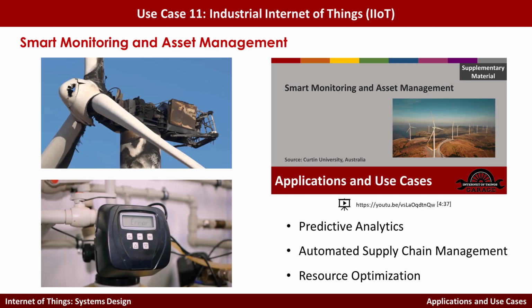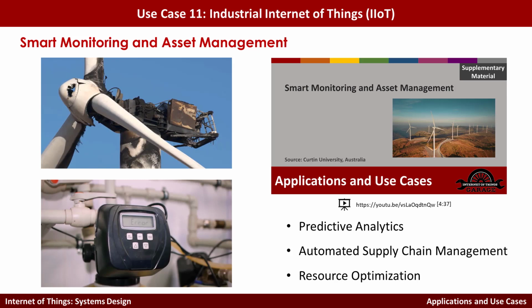This is one of the use cases that falls under the Industrial Internet of Things. In this use case, they talk about smart monitoring and asset management related to wind turbines. So they were talking about how to predict failures within the components in wind turbines. If you predict that, you can automate the supply chain, because these wind turbines are usually deployed in the middle of nowhere.